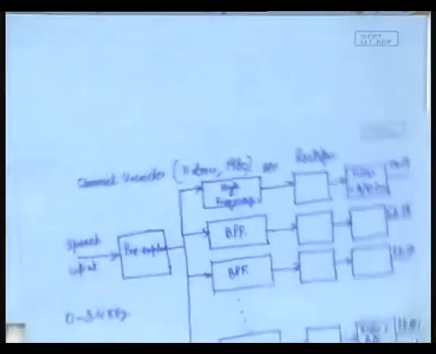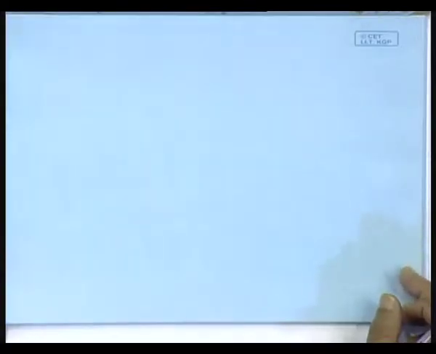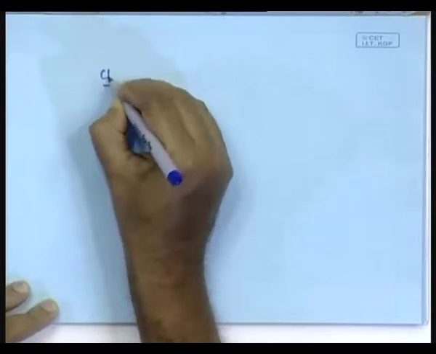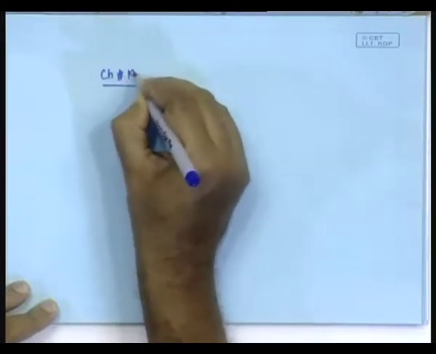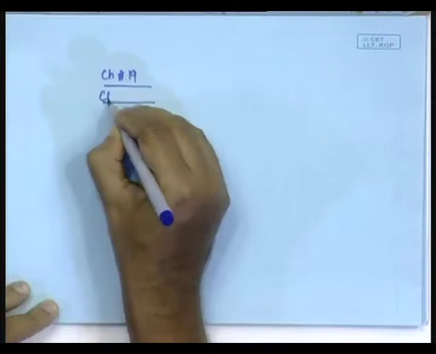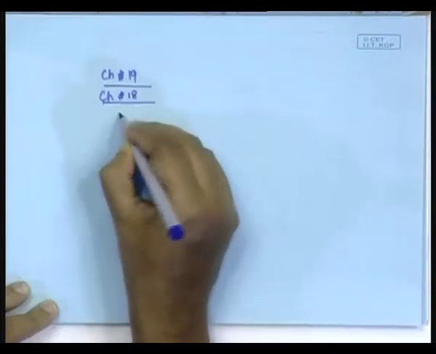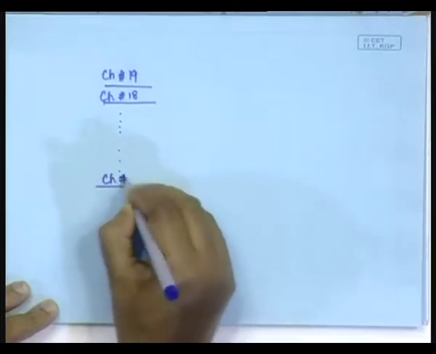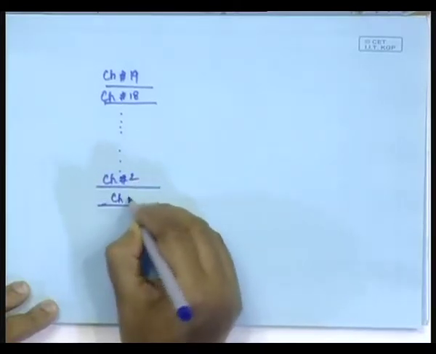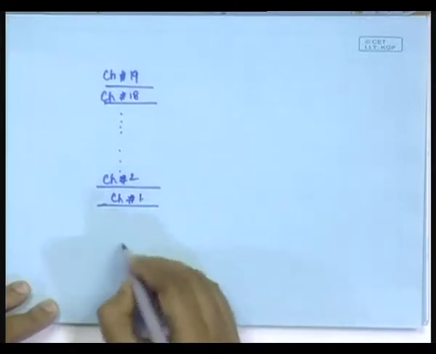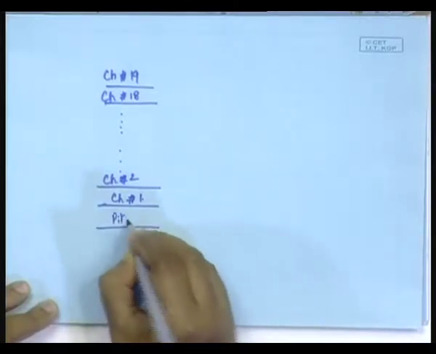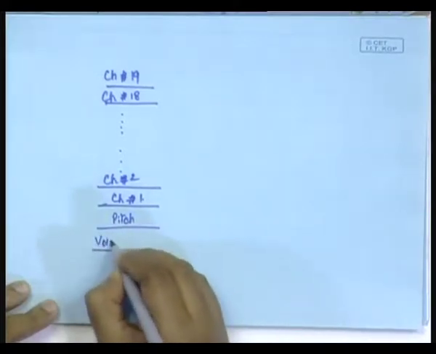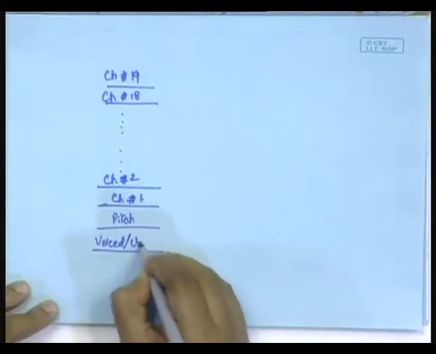So, together I will just show it in a separate page, where we have channel number 1 to channel number 19. So, this is channel number 19, the highest frequency, channel 18 and so on up to channel 2, channel 1 being the lowest frequency, and then we have the pitch information, and then the binary decision, that is whether it is voiced speech or unvoiced.